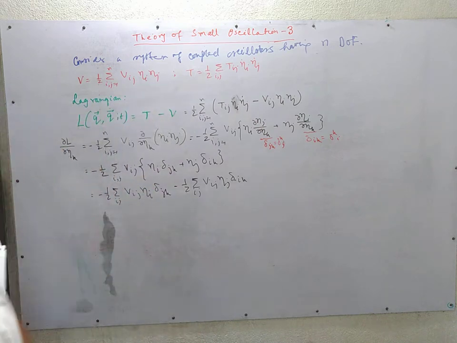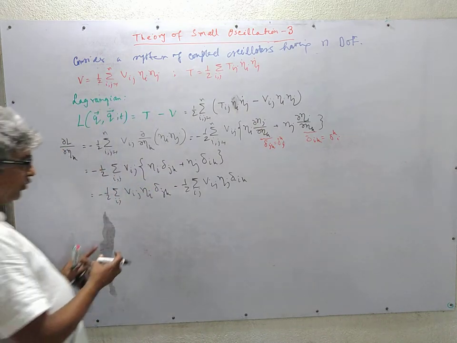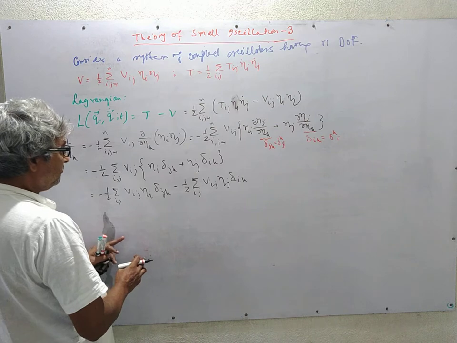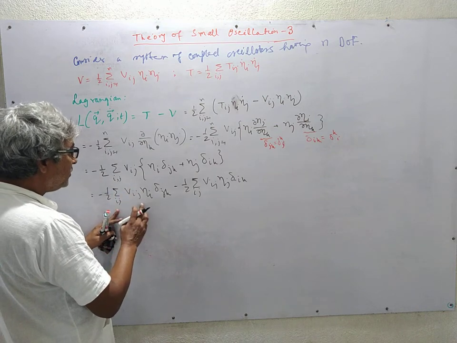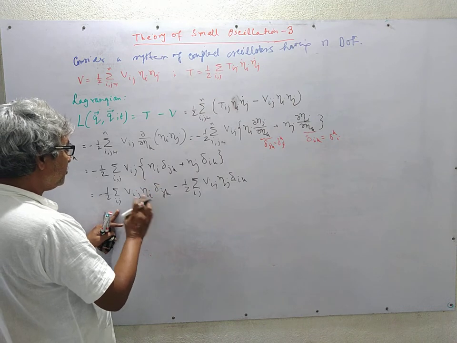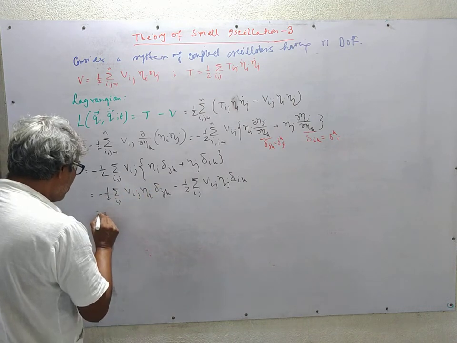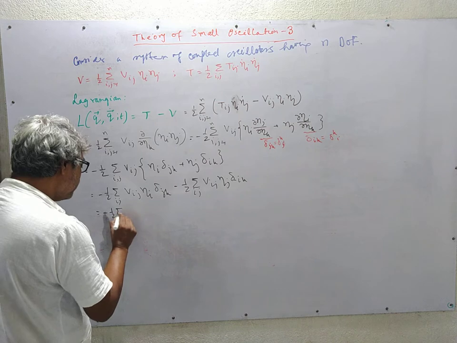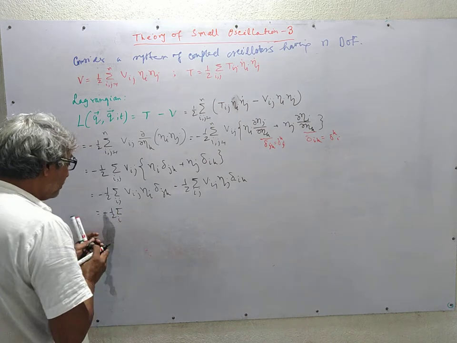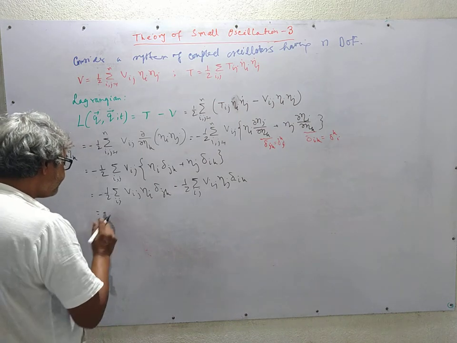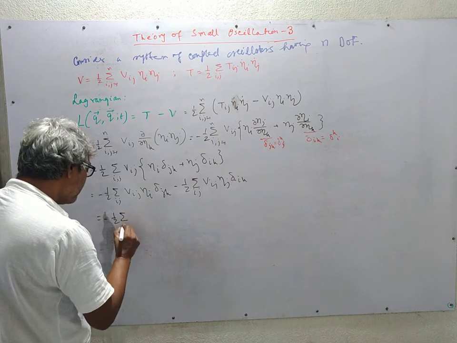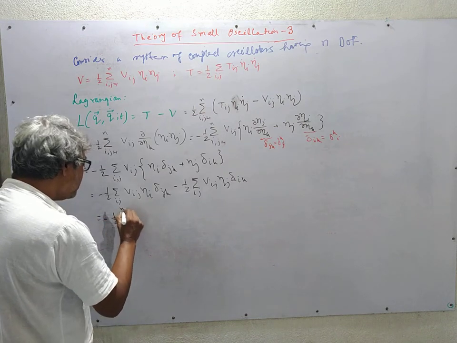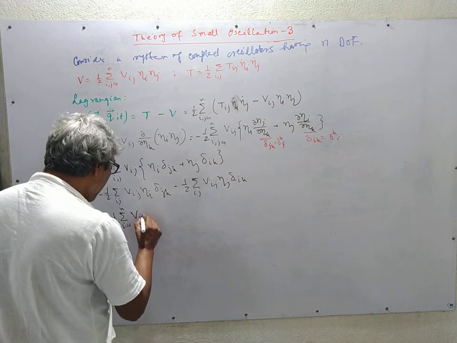Now for the first term, when we execute the j sum, only when j is equal to k will this term contribute. So we have minus half summation over i equal to 1 to n, V_ik eta i.